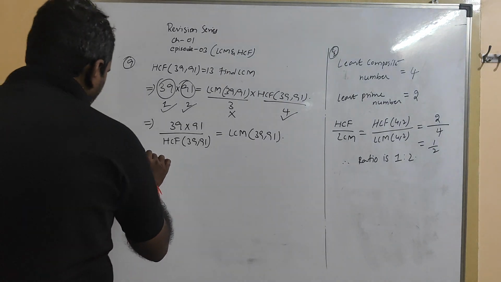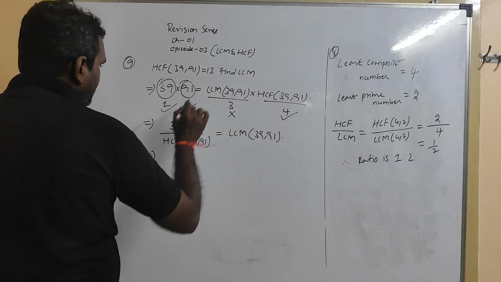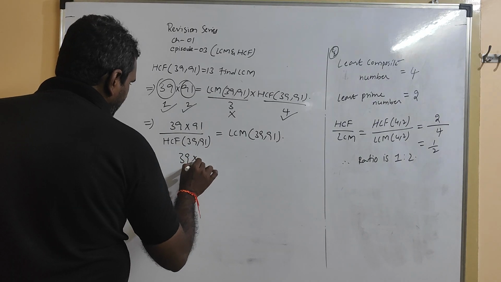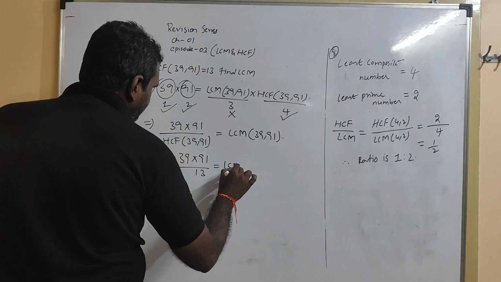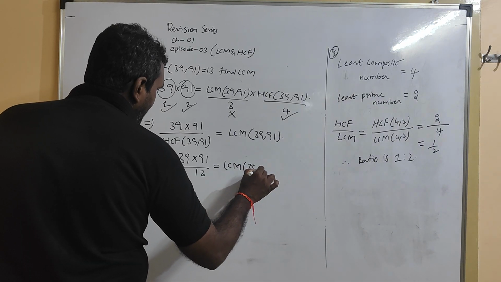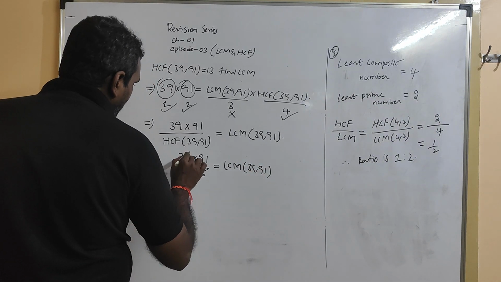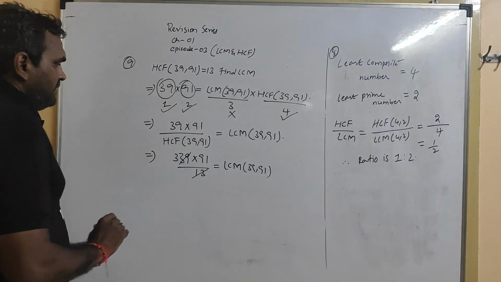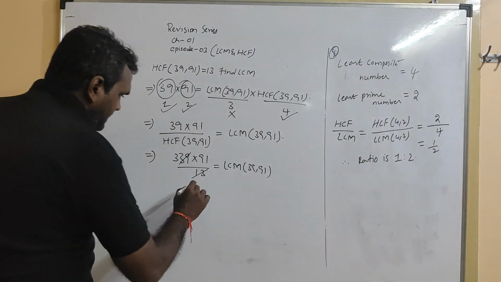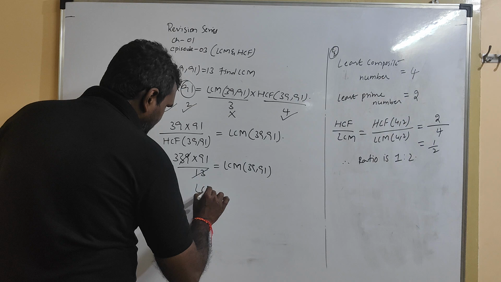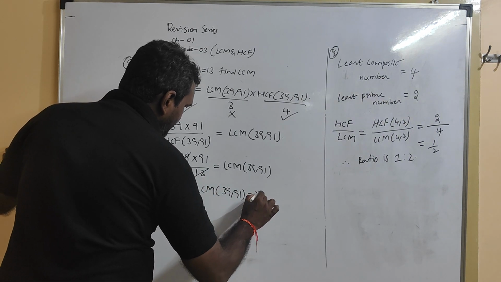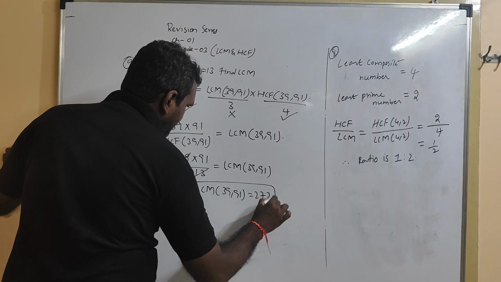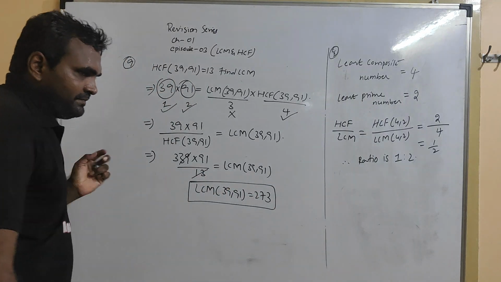This implies, HCF is given as 13, so 39 into 91 by 13 is equal to LCM of 39 comma 91. 13 will go 3 times here, 91 threes are 273. LCM of 39 comma 91 is equal to 273. This has to be your answer.